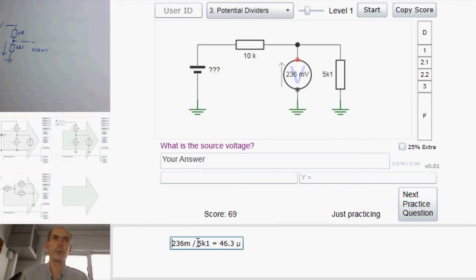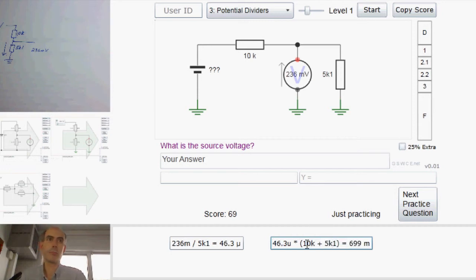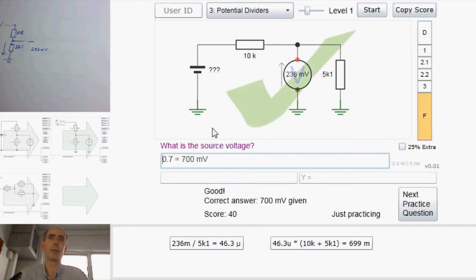So I know the current in my circuit is 46.3 microamps. Okay, if I've got 46.3 microamps flowing in the circuit, then if I multiply that by the total resistance in the circuit, that must give me the voltage at that point there. 699, it's probably 0.7. Yeah, great.